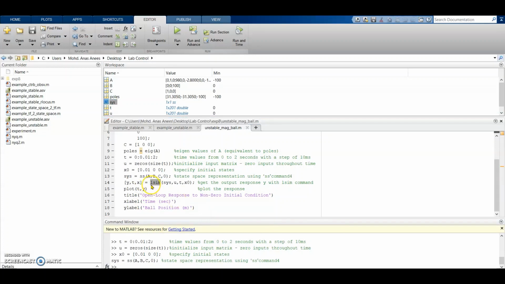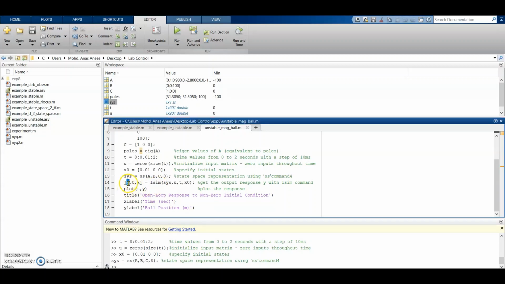Now the LSIM command is used to plot the output of the system and to plot the states of the system with time. For the LSIM command we have to give some inputs, and the first input should be the state space model which we have saved in sys.